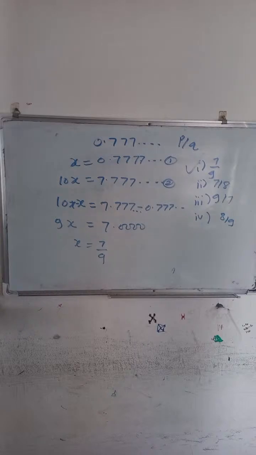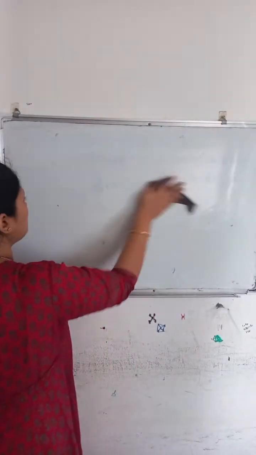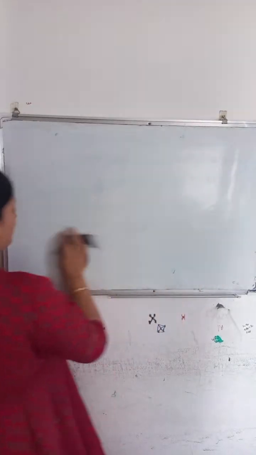So now next is, the total surface area of the sphere with radius 7 centimeter is. Okay, so how to calculate this? Here we have to calculate the total surface area of the sphere.